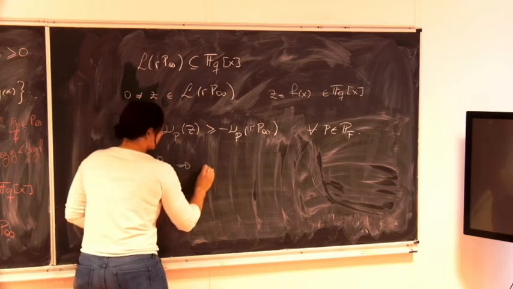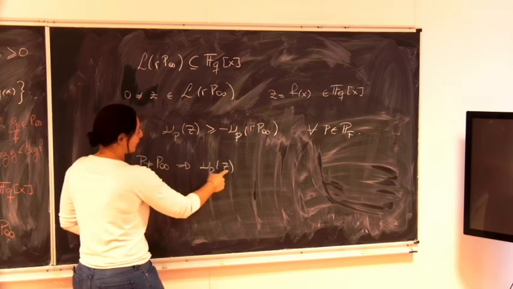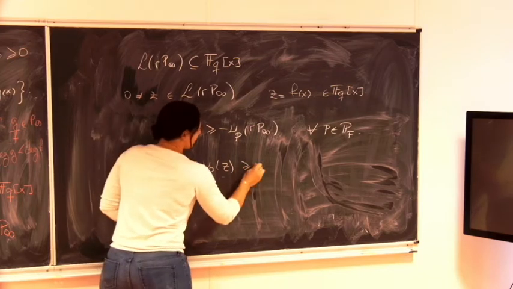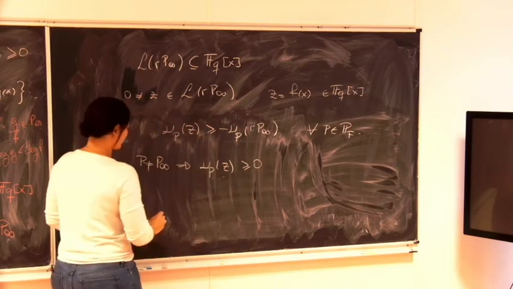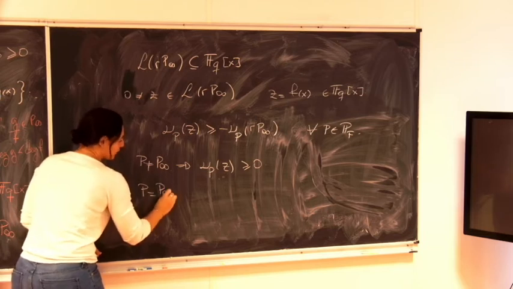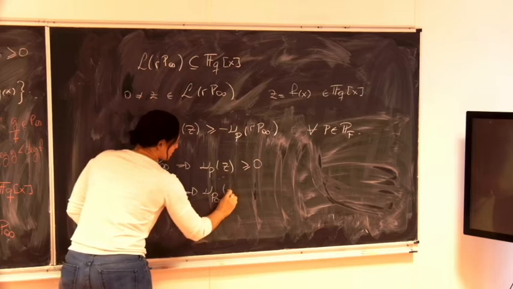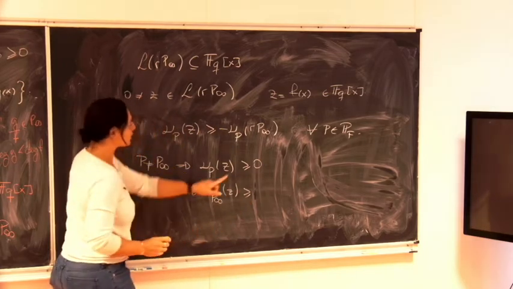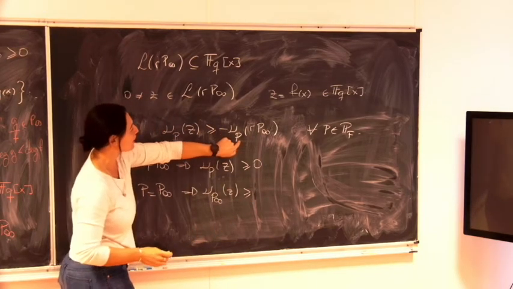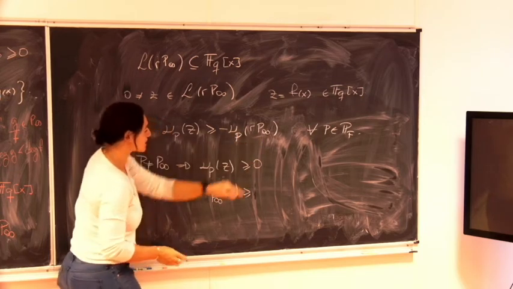So what we need is that the valuation of Z at P is bigger than or equal to 0. And if P is the infinity place, then the valuation at P infinity of Z has to be bigger than or equal to minus the valuation at P infinity of this divisor, which is exactly r.